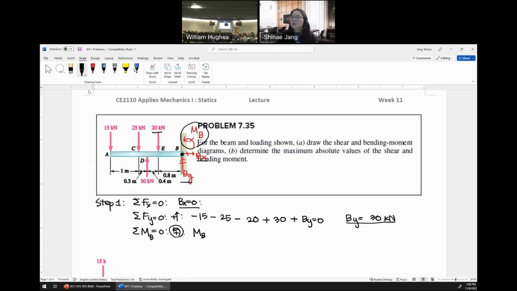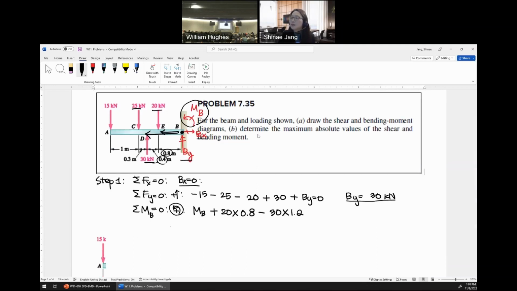And the moment by the 20 is 20 times the moment arm from B to E, so that's 0.8. And plus, because at this point, 20 kilonewton is inducing counterclockwise movement, right? So that's how we determine it, right? And then the 30 kilonewton is in the opposite direction, so minus 30, and the moment arm from B to 30 is 0.8 plus 0.4, so it's 1.2.